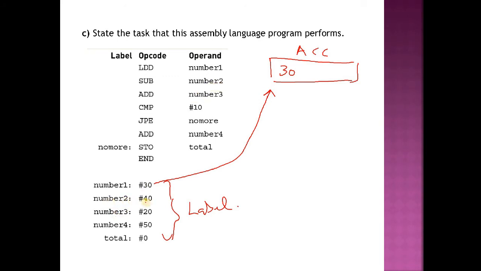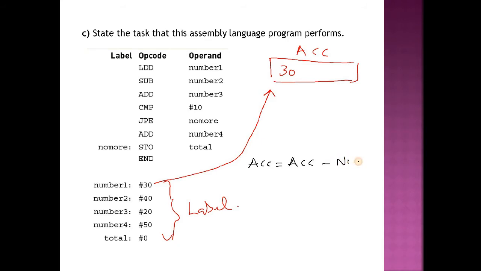So sub number 2 means actually the accumulator is equal to the accumulator minus number 2.